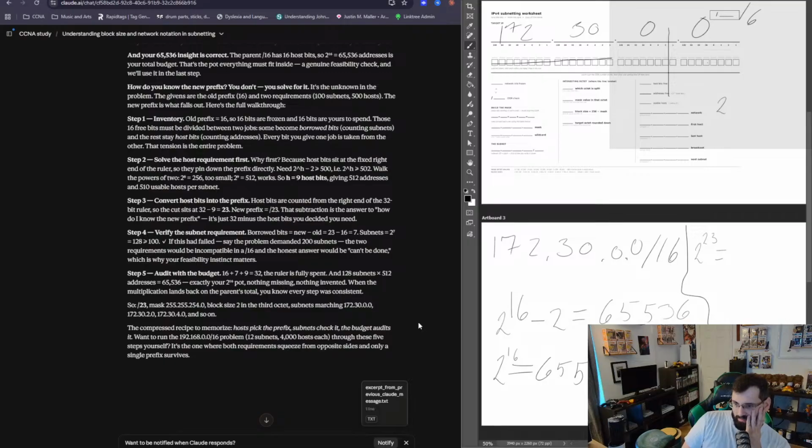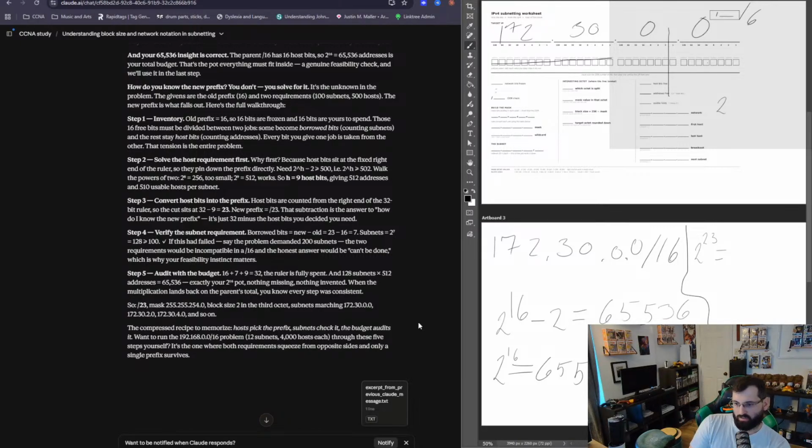16 plus 7 minus 9 equals 32. Okay. The ruler is fully spent, and 128 subnets times 256. Nothing is missing. Nothing invented. So /23 mask.